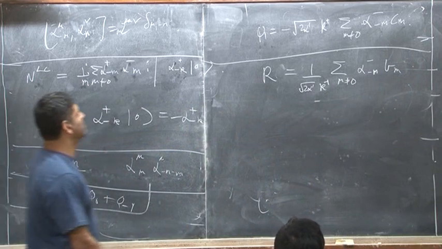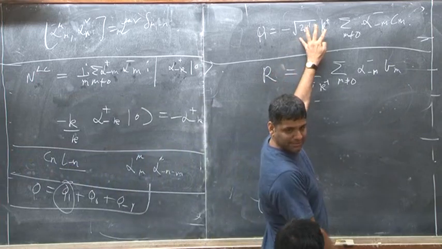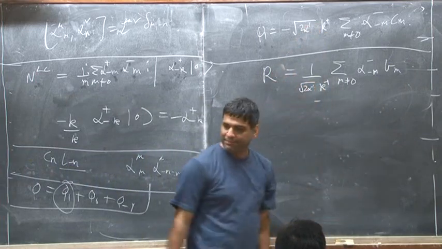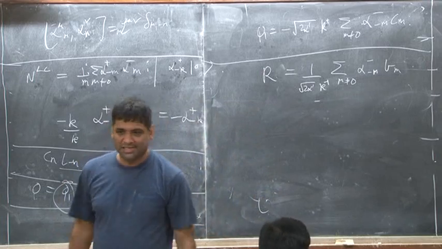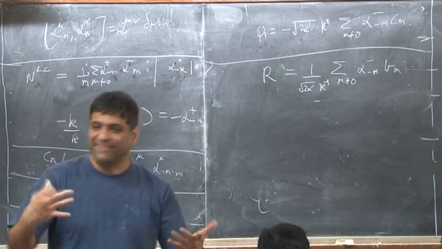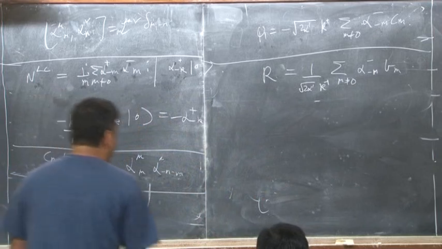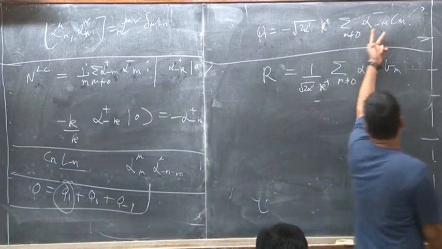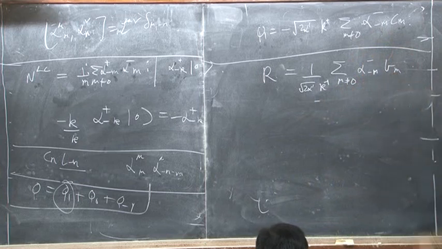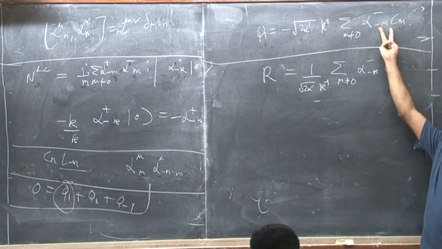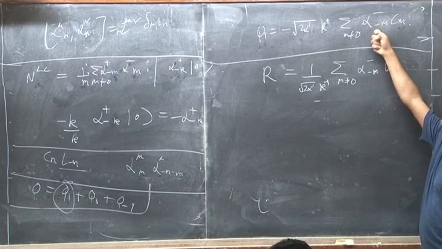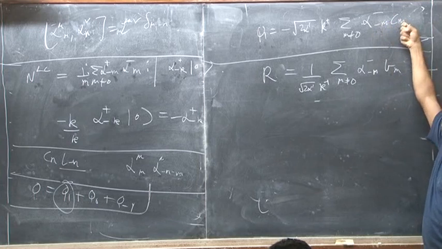Okay, you see what I've done? There's some irritating prefactor. I divided by that irritating prefactor, so that when you take the commutator, for instance, the prefactor will go away. That's just convenience, it doesn't do anything. But the main thing that I've done here is I've replaced this with the Hermitian conjugate. If I take the dagger of this, I would get alpha n b minus n.